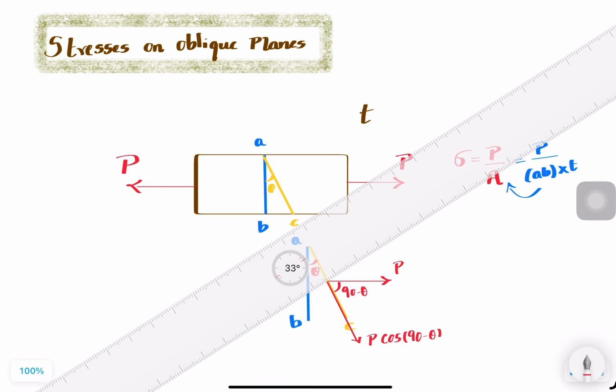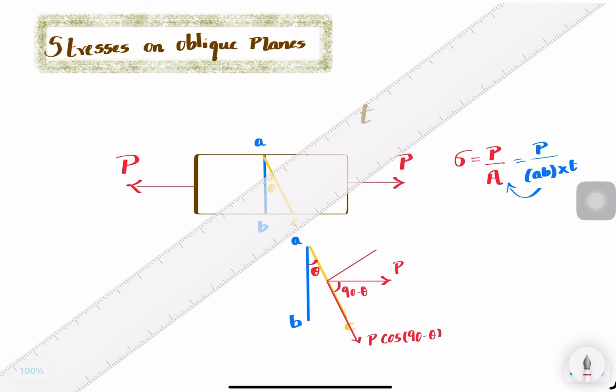It is perpendicular to this yellow plane, and that is P sin(90 minus theta). We know that P cos(90 minus theta) is P sin theta, and we know that P sin(90 minus theta) is P cos theta.